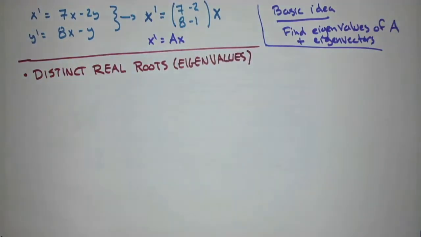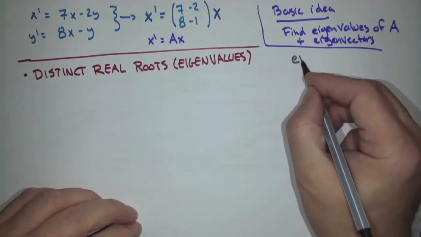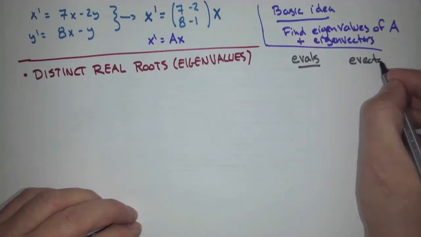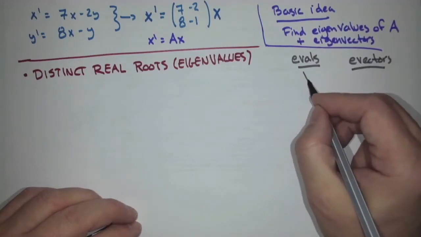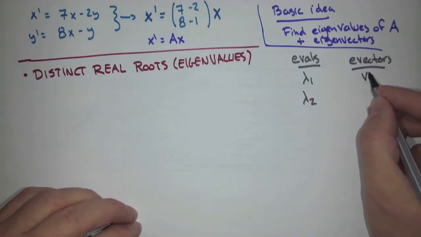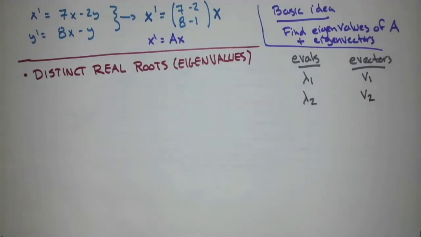So, distinct real eigenvalues. The procedure for that one is pretty straightforward. You have your first eigenvalue and your second eigenvalue, then an eigenvector for your first eigenvalue and an eigenvector for your second eigenvalue. You'll succeed in finding these things.